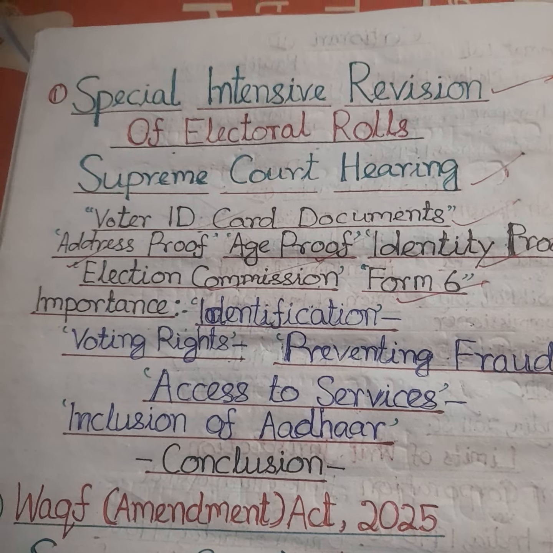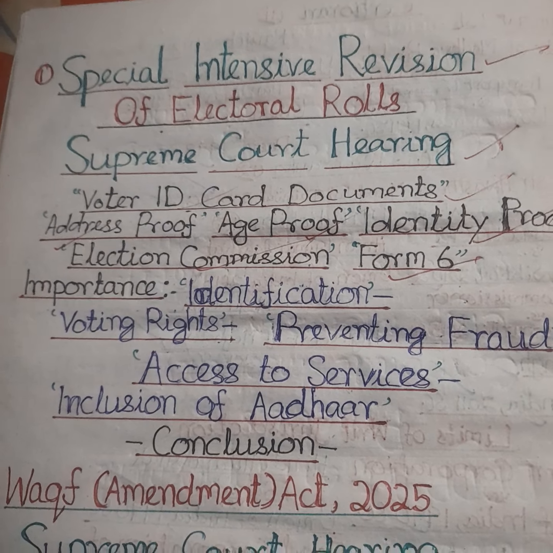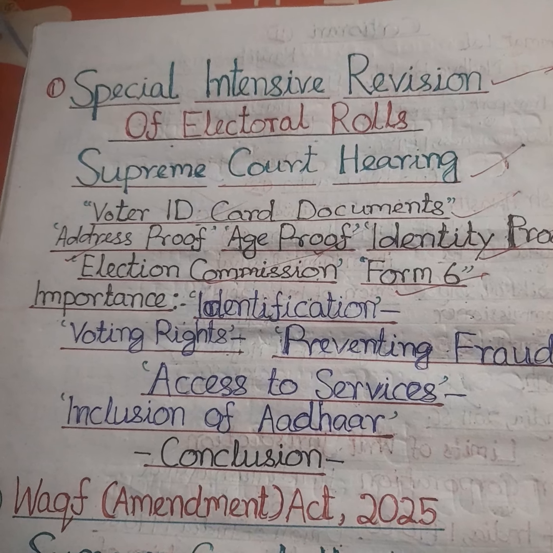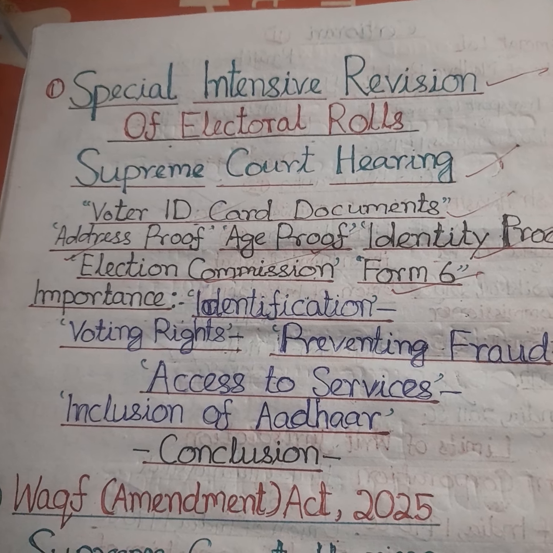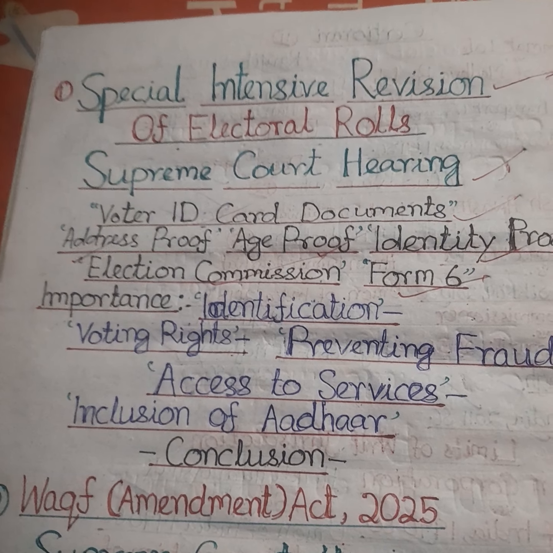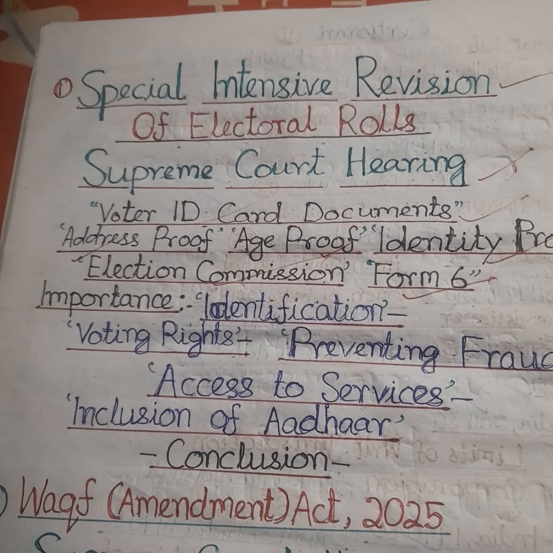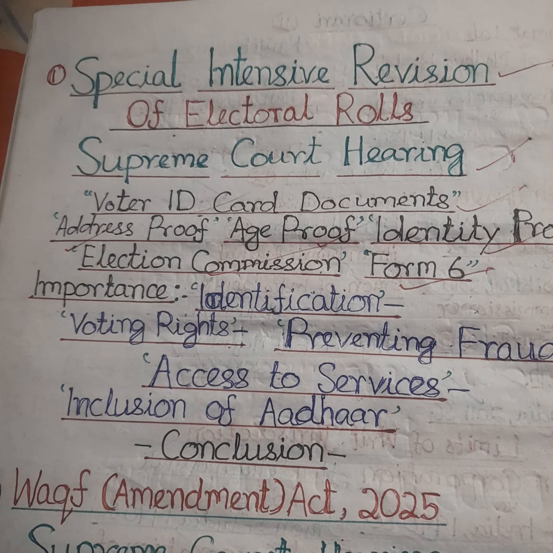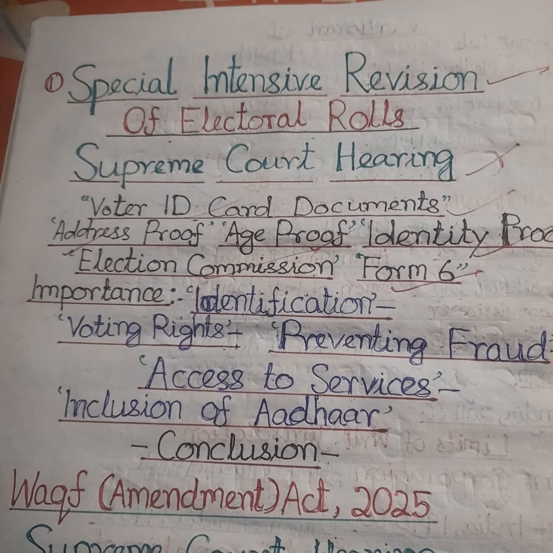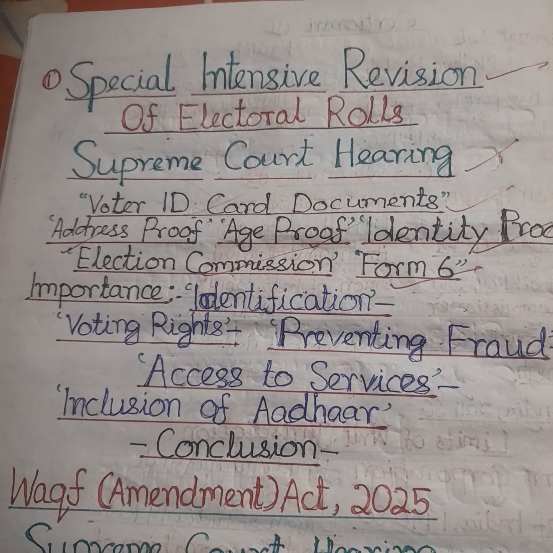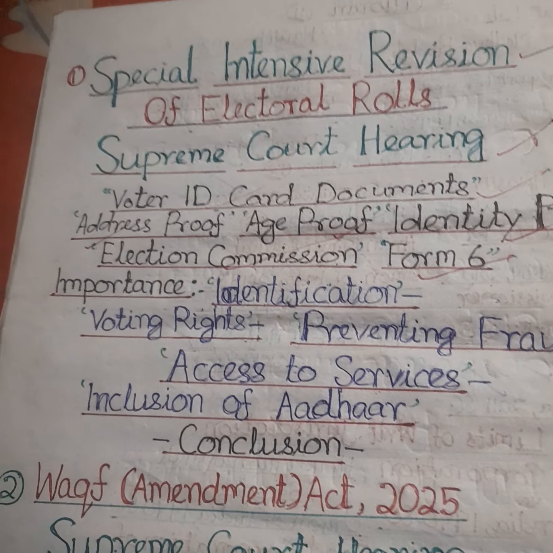For that purpose, one has to visit the official website of the Election Commission and select your state from the drop-down menu to access the state-specific Chief Electoral Officer page.